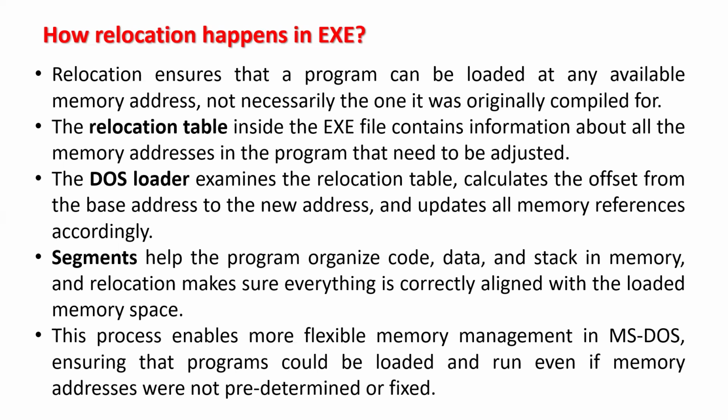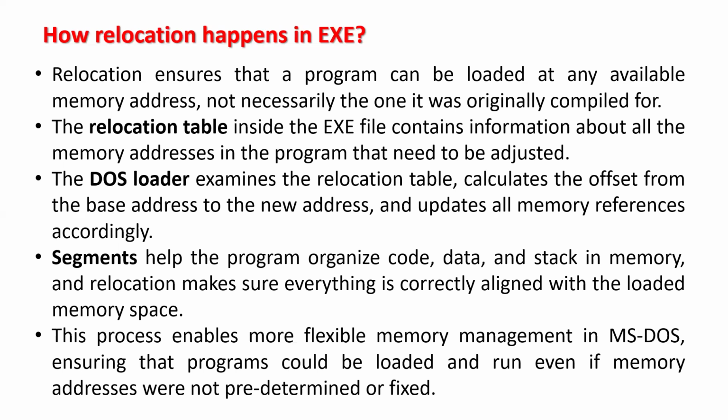In DOS, memory addresses were not fixed or predictable. Programs were often written with the assumption that they would load at specific memory addresses. But the operating system could load them at different addresses depending upon what other programs or system data were already loaded into the memory.